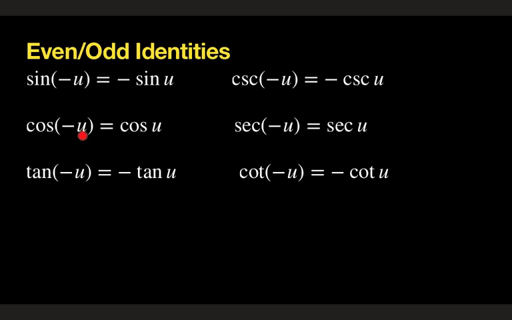Now, for cosine, that doesn't happen. The cosine of a negative number is the same thing as cosine of the same number, but in positive form. So it doesn't matter what number you put, the cosine of negative 45 is the same thing as cosine 45. If you wanted to put cosine of negative 120, that's the same thing as cosine of 120.